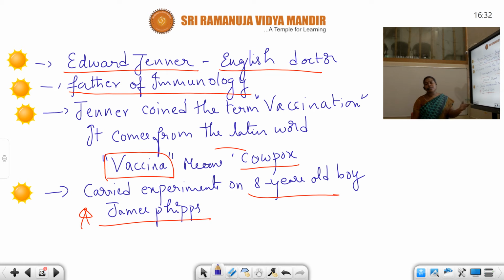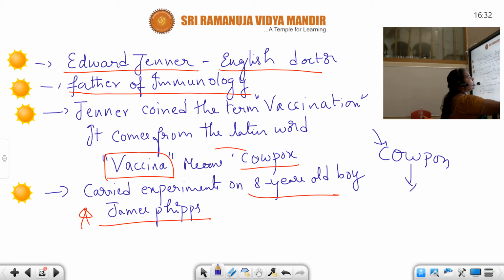Again, the boy did not develop any kind of smallpox. So by observing all these things, he came to the conclusion that when people are affected with cowpox, they will not be infected with smallpox.